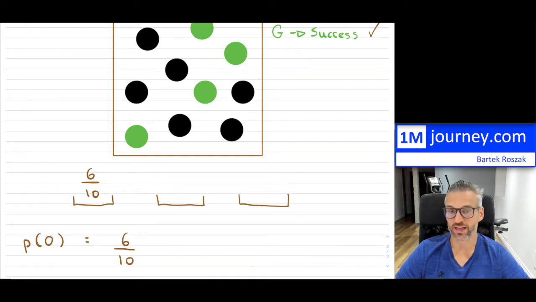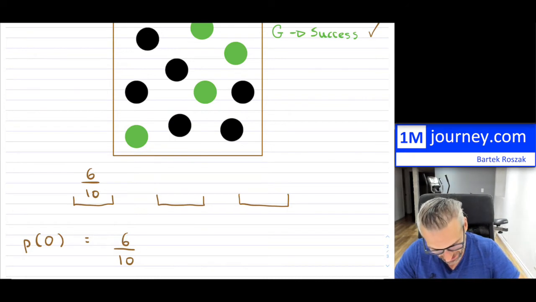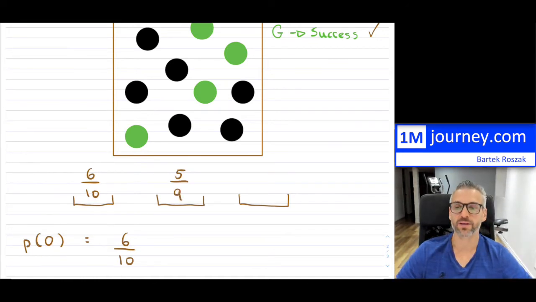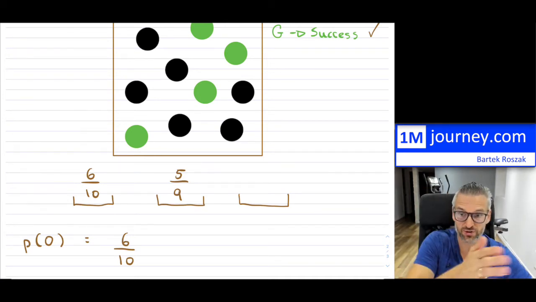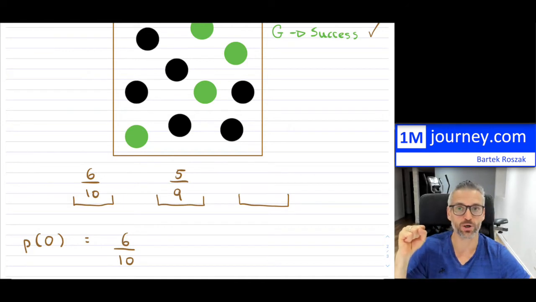Now, since we're saying that we're going to see no green ones, then on my second attempt, since I already picked 1 black one, that leaves me 5, and then I have 9 balls remaining. Notice that the probability changes from one trial to the next because we've already picked out a ball.